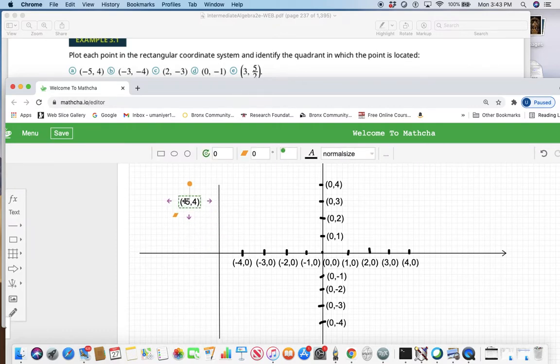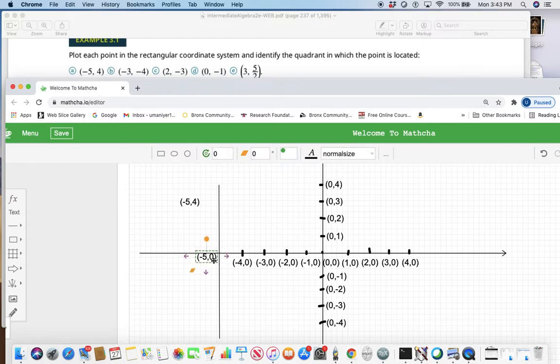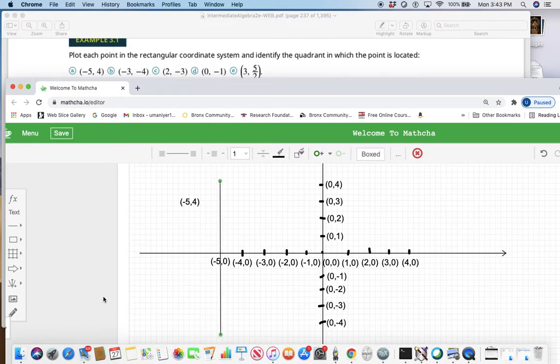Well, the x coordinate is negative 5. So somewhere there is negative 5. So let me include that. So that point is negative 5 here. So take your vertical line, place it at negative 5. Y coordinate is 4. So take a horizontal line, place it at y equals 4.